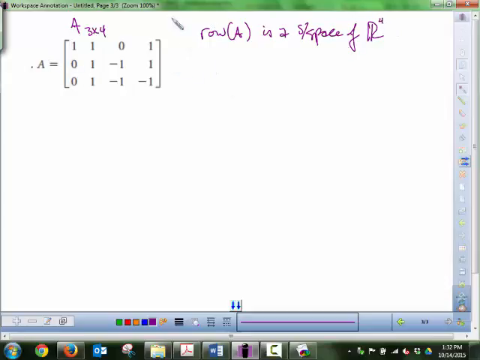So remember, the vector space for the row space depends on the number of columns, because each row has 4 components, right? So the column space of A is a subspace of R3 because those columns are 3-dimensional.